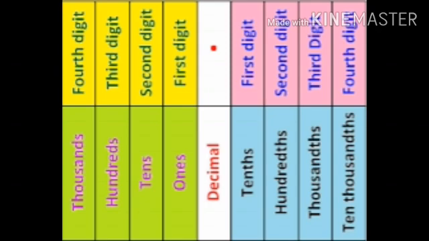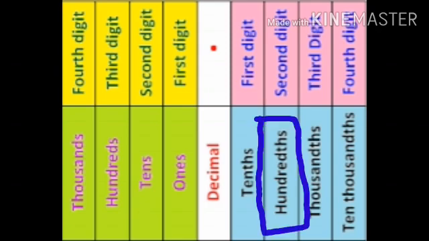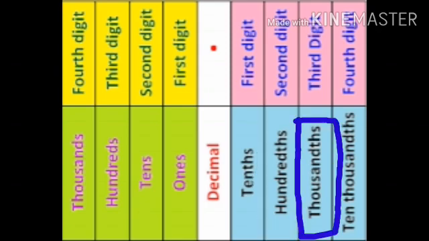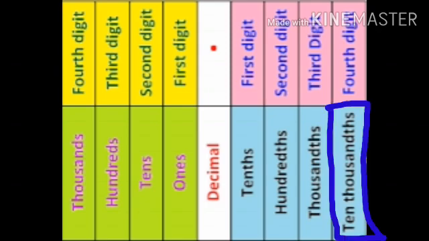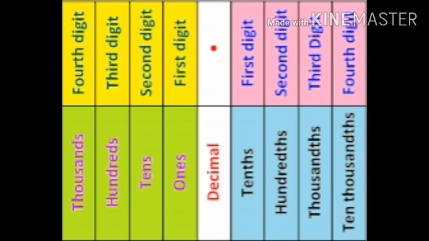After decimal, the first digit is tenths, second digit is hundredths, third digit is thousandths, fourth digit is ten-thousandths, and so on. Students, you will draw this decimal place value chart in your maths notebook.